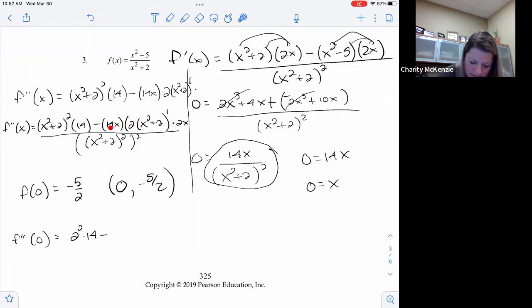I don't know how I would have got a 4 because this would be 0 times this as well. I must have just wrote a wrong number down. This has to be a 0 there. Okay, all divided by 0 squared plus 2 is 2. So 2 to the 4th.